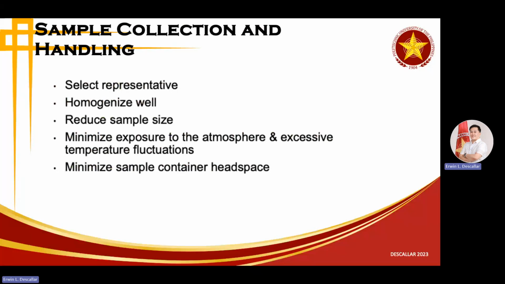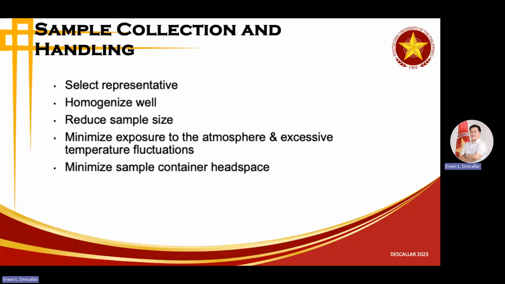Okay, I'm not pretty sure if you are done with the laboratory for moisture analysis, but very critical would be the sample preparation. You have to minimize the exposure to the atmosphere and the excessive temperature fluctuations, and minimize sample container headspace as well. Right?